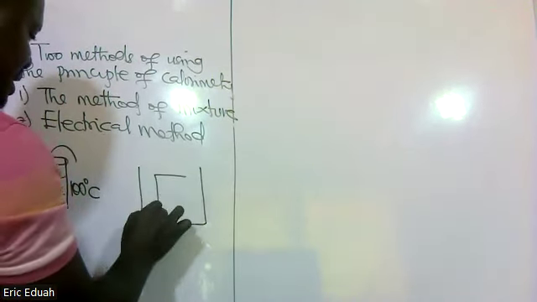So with the thermometer inserted and then the vessel, the stirrer, the metal, after it's been heated, is transferred into the calorimeter. There's the metal. Then it is stirred.